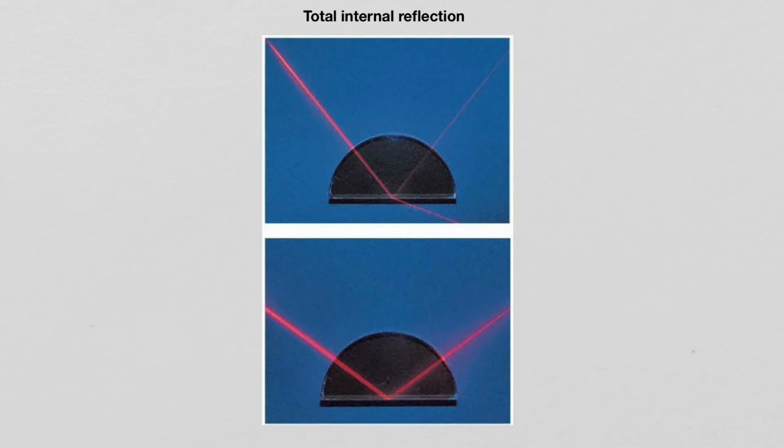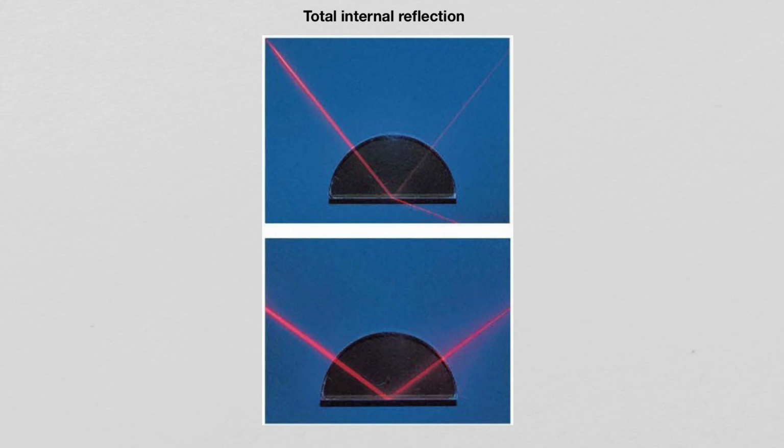An interesting effect can be achieved when we have light traveling from a medium with higher optical density, such as glass, and it refracts into a medium with smaller optical density, such as air. So if the incident ray makes an incident angle with the normal to the boundary that passes a certain value, it was observed experimentally that the light ray does not continue to propagate in the second medium.